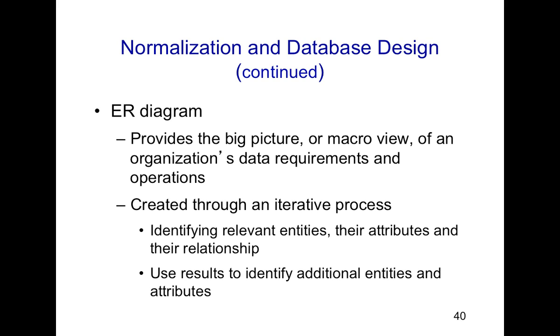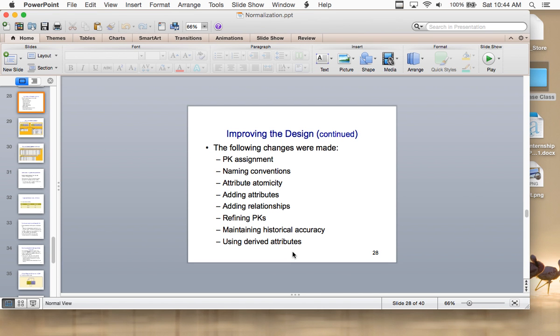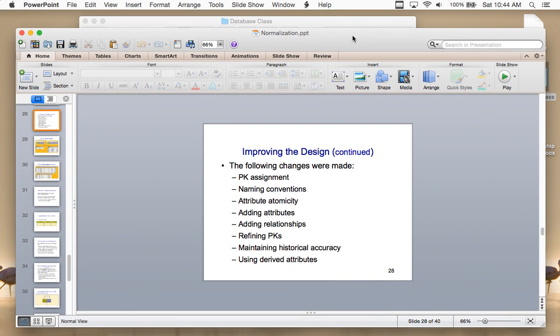So normalization from the ER diagram perspective provides the bigger picture, or the macro view, created through an iterative process, identifying relevant entities and attributes and relationships and so forth. So, believe it or not, that's everything you ever needed to know about how normalization works and how it relates to entity relationship diagramming.